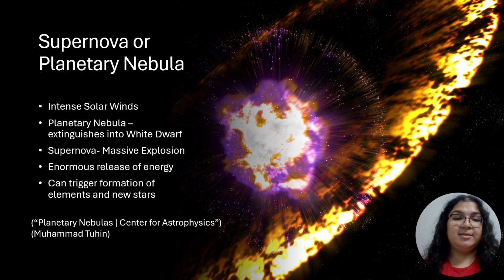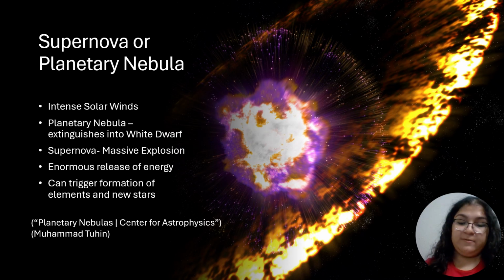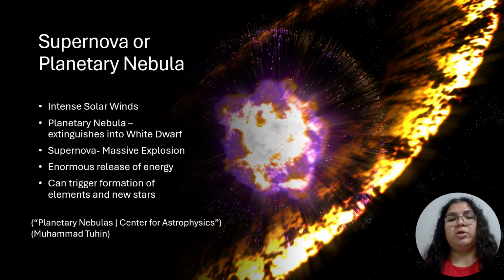So the last stage of a star's life cycle is, of course, its death. This occurs in one of two ways. Either the star starts shedding its outer layers as a result of the mass ejections that I mentioned previously, and eventually becomes a planetary nebula.